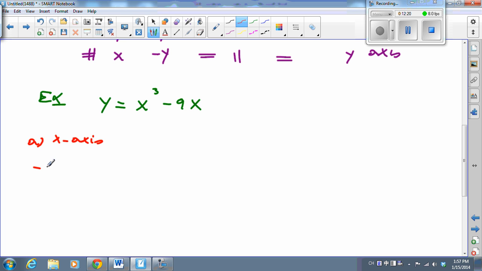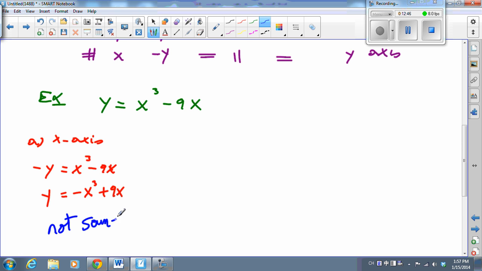So I will say -y = x³ - 9x. Multiply everything by negative to get y = -x³ + 9x. Obviously, we get a different equation, so I can conclude it's not the same. So it's not symmetric with respect to the x-axis.